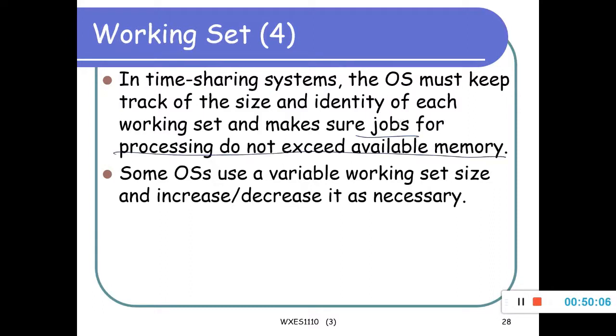It's very important to keep things small; basically a huge job is divided into small chunks, or smaller jobs. Some OS use a variable working set size, increasing or decreasing it as necessary. I think almost all OS use a variable working set size.